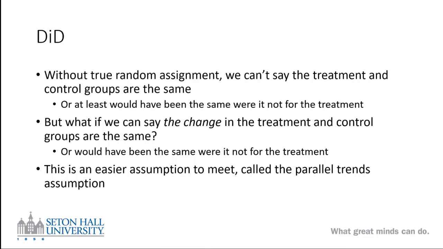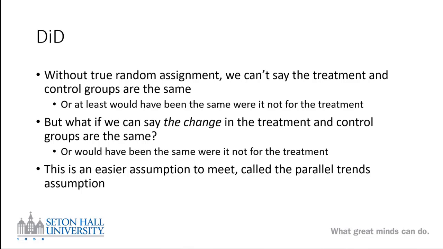But what if we can say that the change in the treatment and control groups is the same? Or at least the change would have been the same were it not for the treatment. This is the difference: with random assignment, let's say we're interested in GPA, we can say that the levels of GPA in the treatment group and control group are the same.